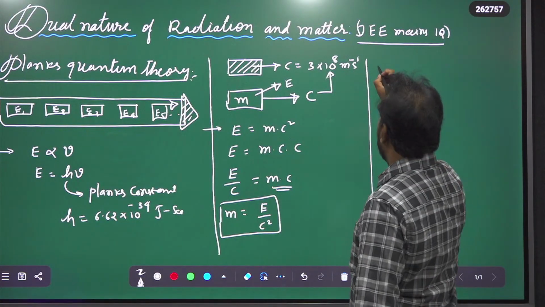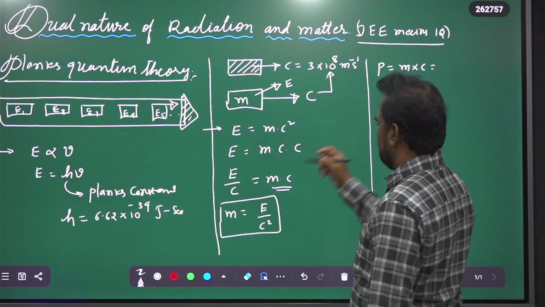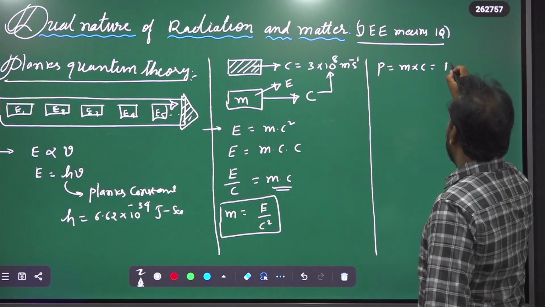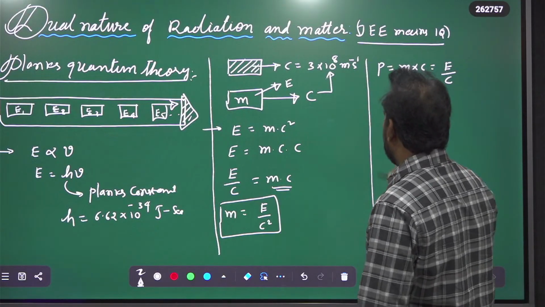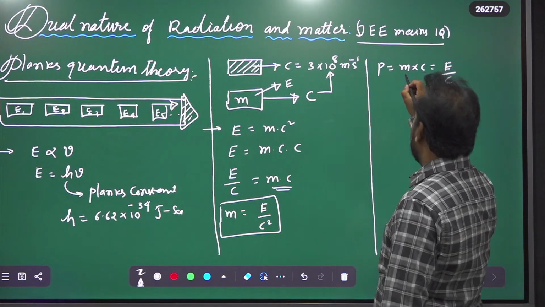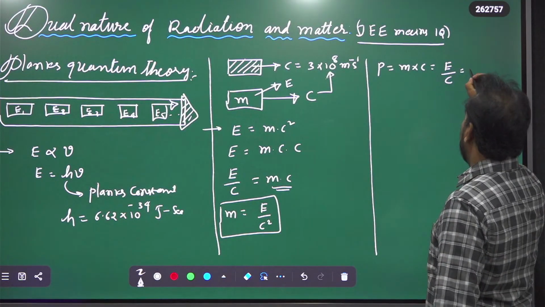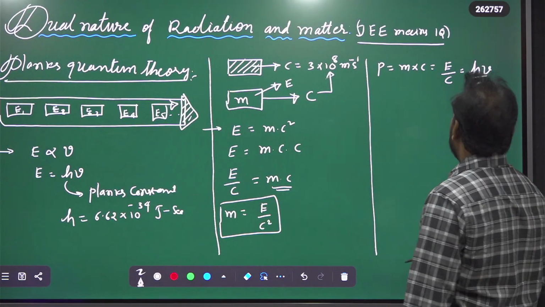Momentum is given by p is equal to m into c is equal to E by c. E by c is called the momentum of the photon. This E is written as h nu upon c.